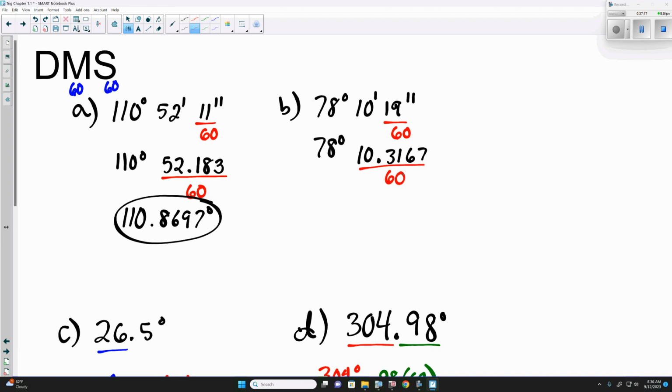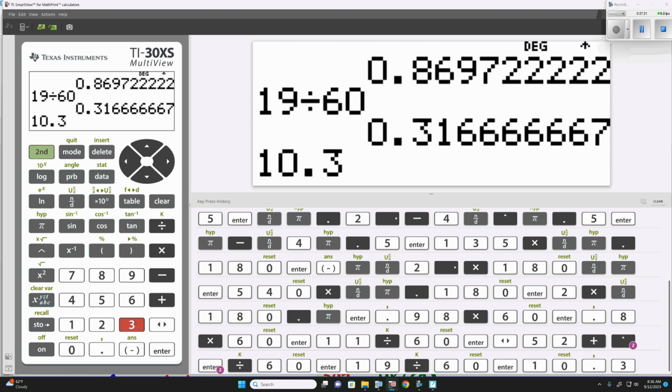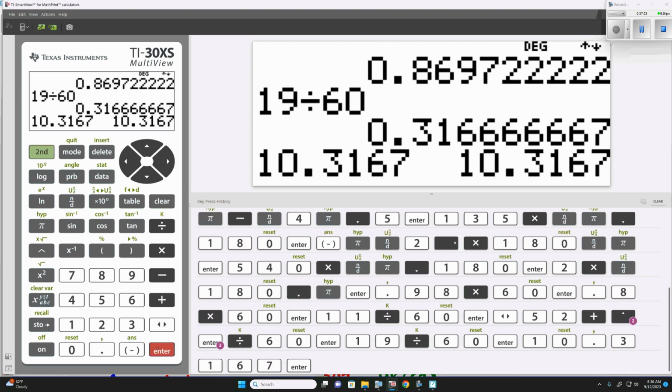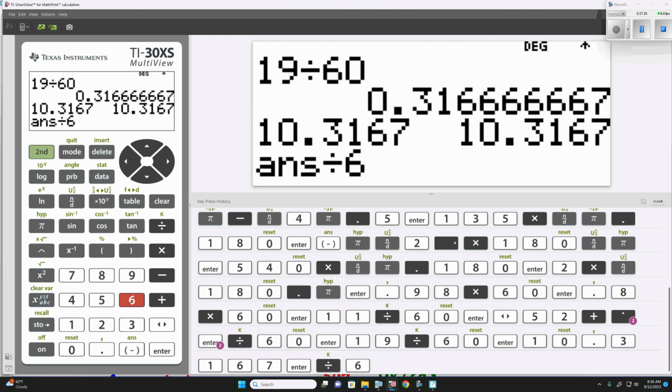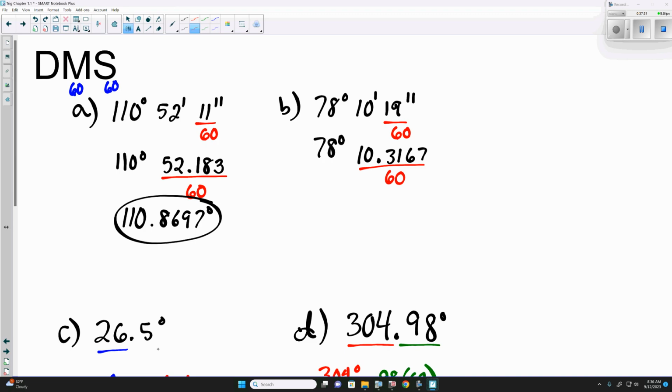And then we have to divide it by 60. 10.3167 divided by 60 is 0.1719. So we have 78.1719 degrees. Questions on this here?